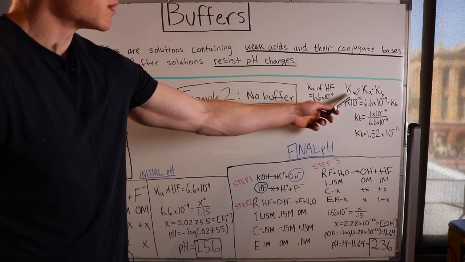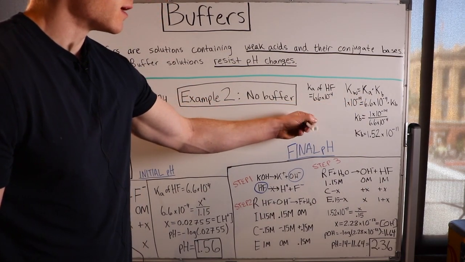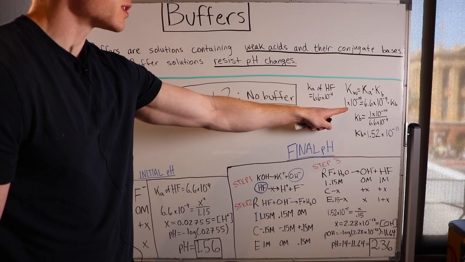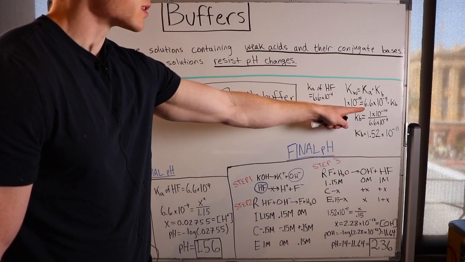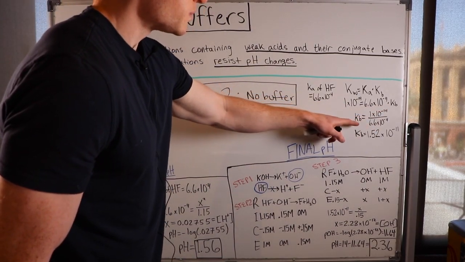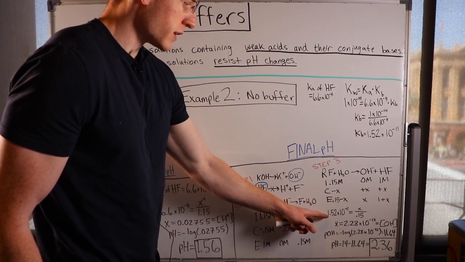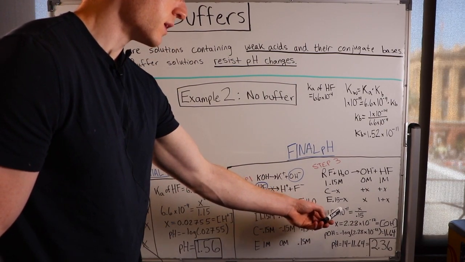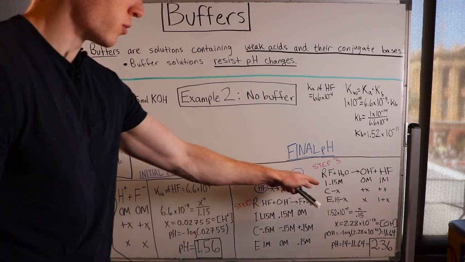So we know that Kw equals Ka times Kb, and we can solve for the Kb because we know Kw is always 1 times 10 to the negative 14. Ka is 6.6 times 10 to the negative 4 like it was here. And we simply solve for Kb. So that's what we'll use for our equilibrium constant. And then 1.52 times 10 to the negative 11 times 100 is less than 0.15.